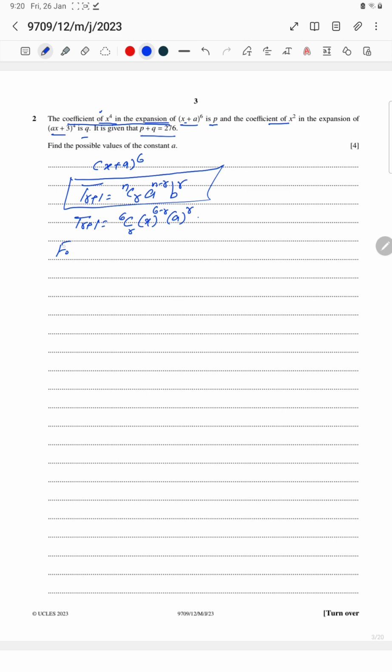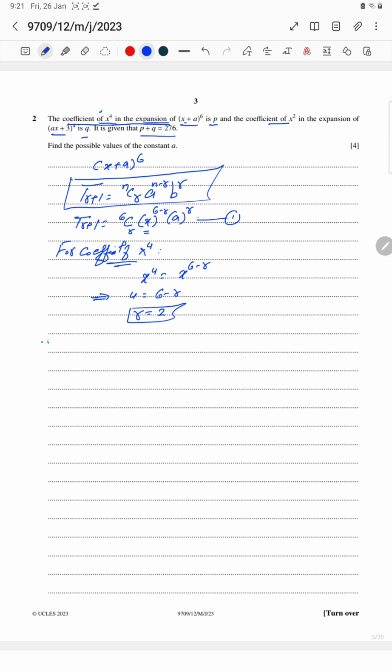As we are interested in finding the coefficient of x^4 here, we equate x^4 with x to the power 6 minus r. By comparing the powers, we get 4 equals 6 minus r, so r will be 2.